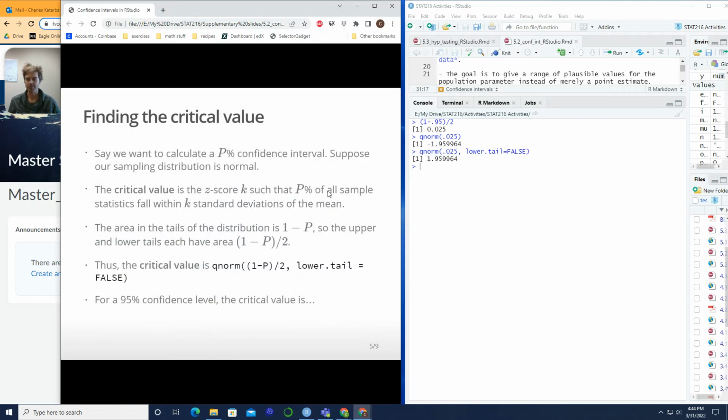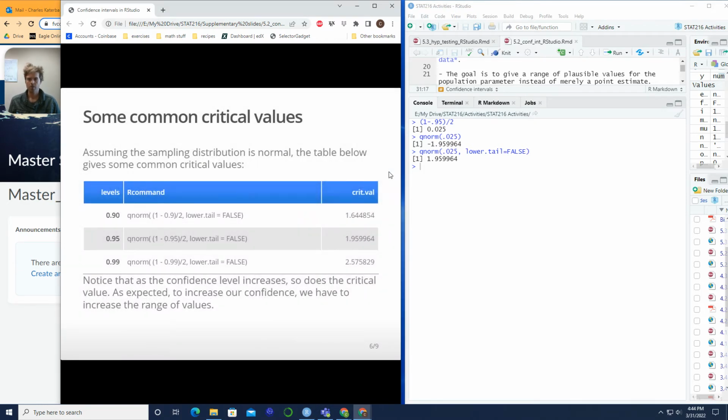Okay, so we can use this schematic of using qnorm to find the critical value for any confidence level we'd like. Great. What's next? Well, let's look at some common critical values. And again, here we're assuming that the sampling distribution is normal.